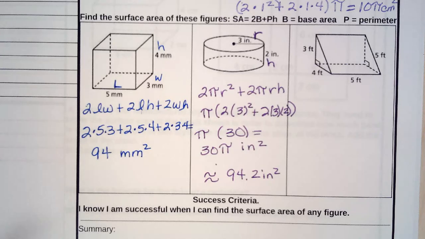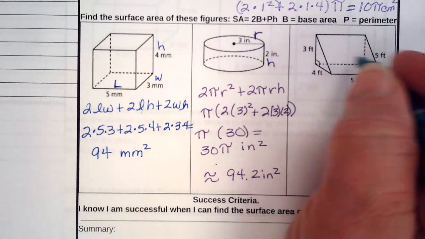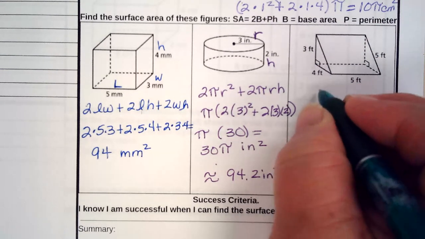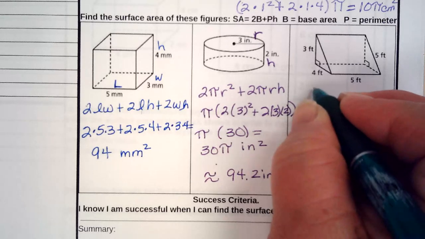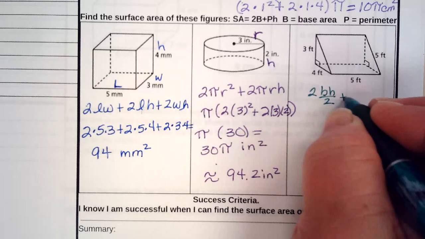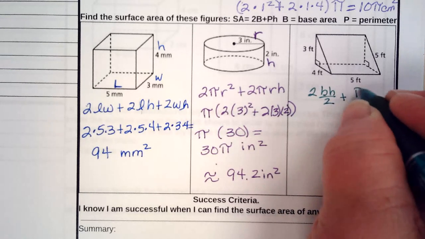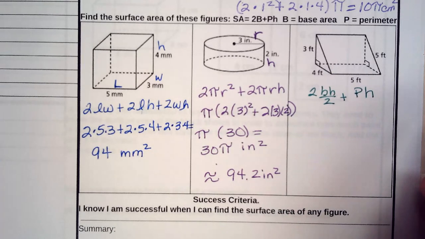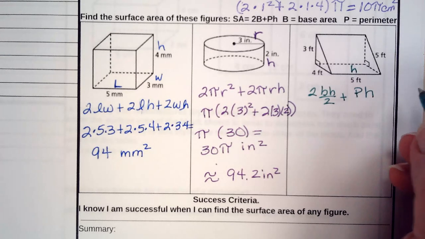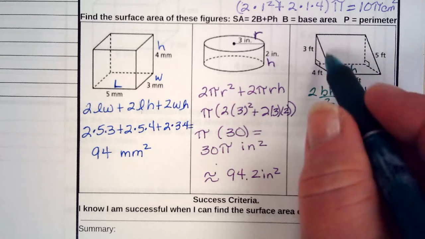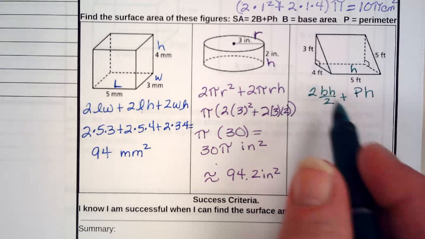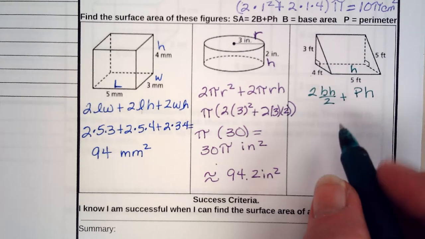And for the triangular prism, your bases are triangles. So it's 2 times your base times your height of the triangle, divided by 2, plus your perimeter times your height. Our height, we know, is 5. If we're looking at all three of the sides, the perimeter will be 3 plus 4 plus 5. But let's look at the base and height of the triangle first.